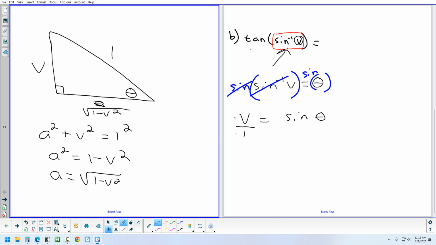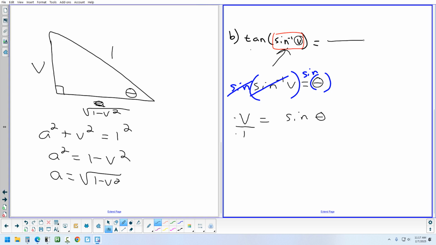All right, so now we can find the tangent of the inverse sine, or the tangent of the diagram we drew. What side is opposite theta? V. And the other side we need for tangent is adjacent, which is the square root of 1 minus v squared.